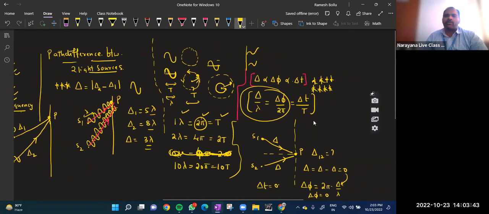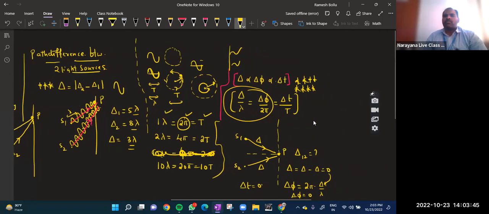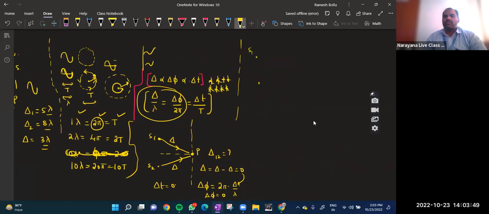Now, one more problem. Kindly work it out. This is a source of light S1, this is a source of light S2, and there is one point P. Between S1 and P, 2 waves can be accommodated. But between S2 and P, 1, 2, 3, 4, 5, 6.